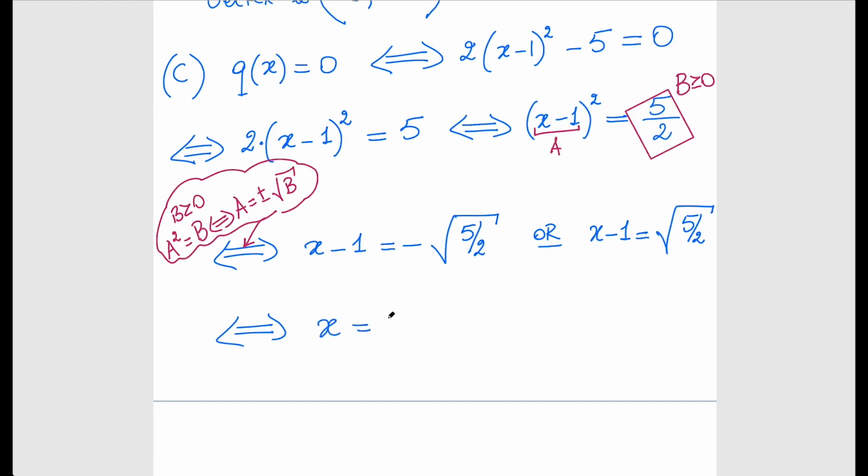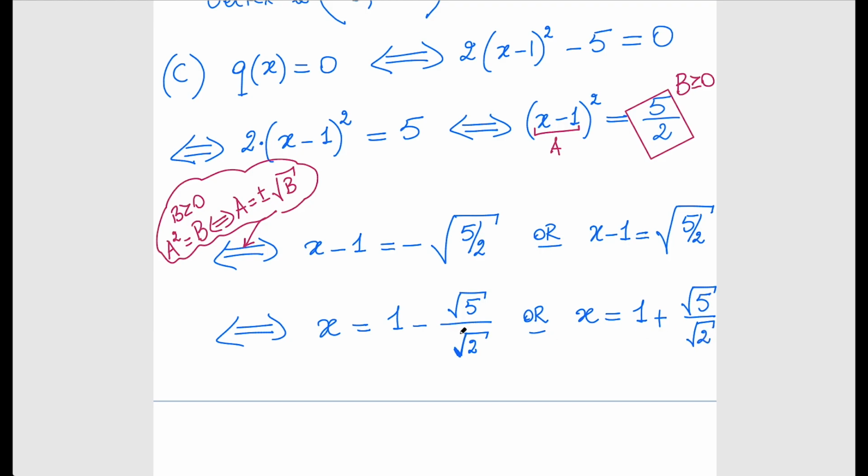If you add 1, you get 1 minus... by the way, square root of 5 over 2 is the same as square root of 5 divided by square root of 2, right? So the square root of a fraction is the fraction of the square roots. Same thing, I'm going to add 1. So I get this, right?